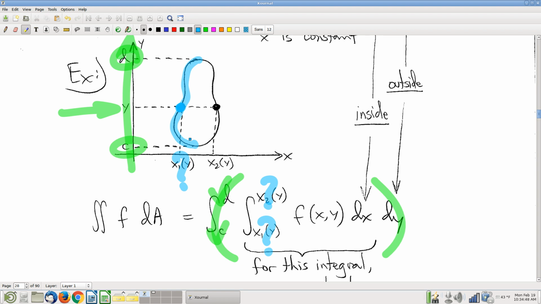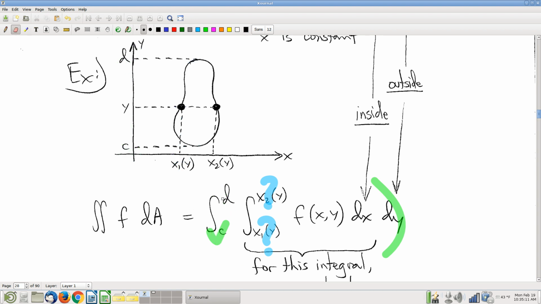That curve will have some equation. And in that equation, solve for what you're interested in. We're interested in this lower bound value of x. So in the equation for that curve, you're going to want to solve for x as a function of y, of course, because y is a given for the purposes of this inside integral. Okay, so same process.